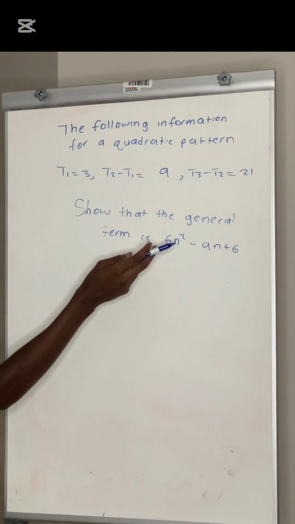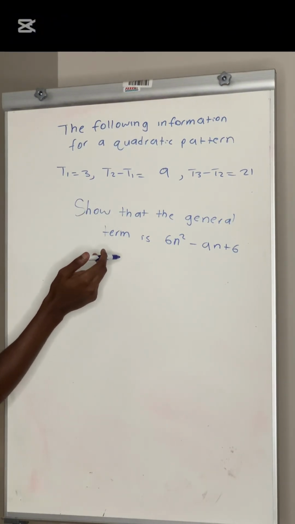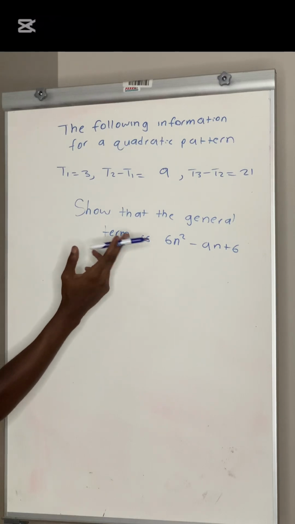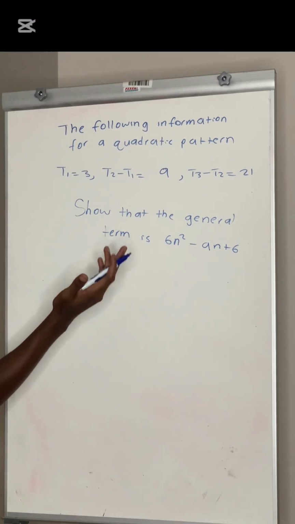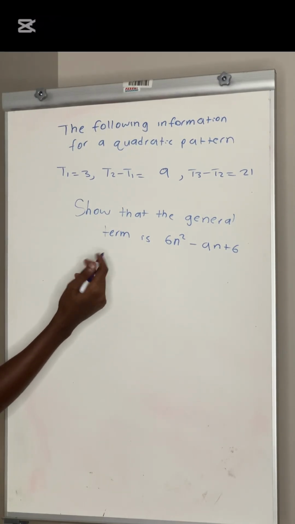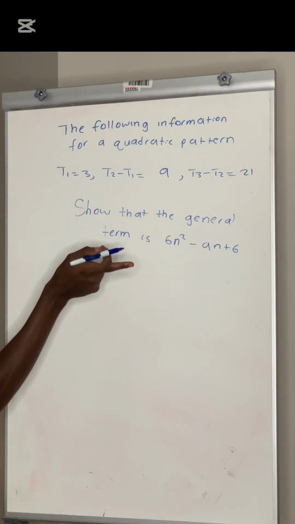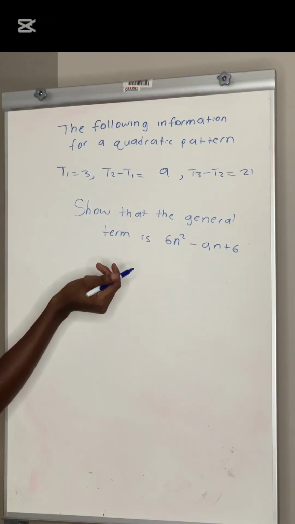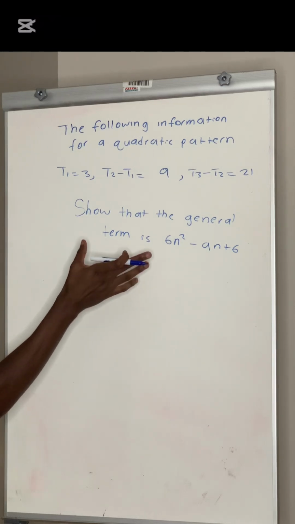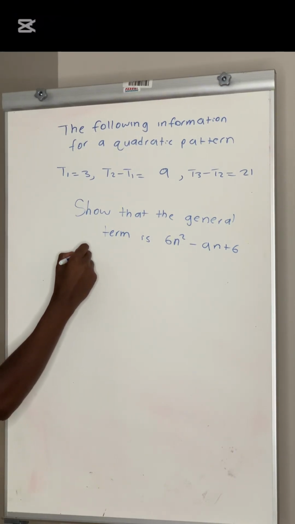So we're now asked to show that the general term is 6n squared minus 9n plus 6. Even though we have done it in the previous question, which means the previous question also has an alternative method of solving, let's just do it again. So term 1 is 3, okay?